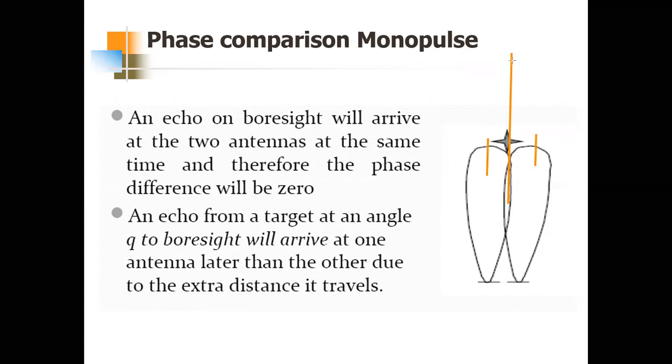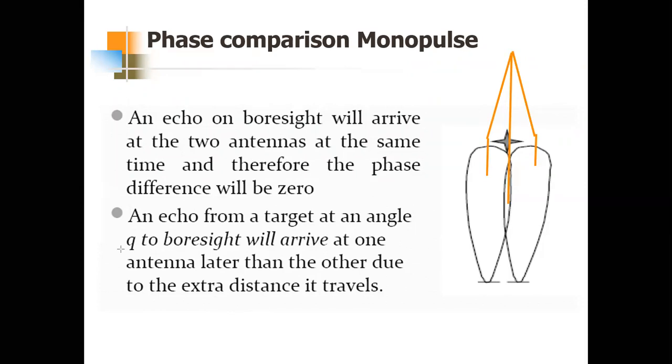Imagine the target is here. Both beams obtain the signal at the same time, and therefore the phase difference will be 0. Hence we can quickly conclude that the echo signal is along the boresight.